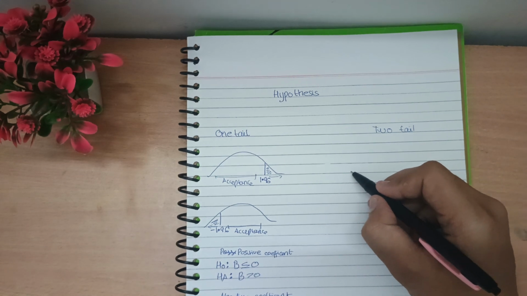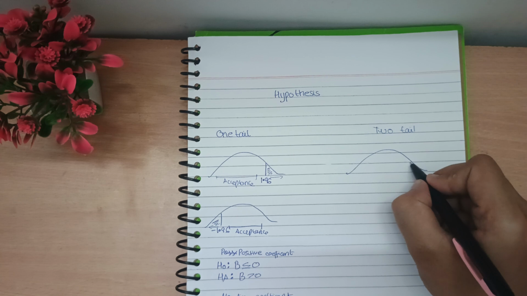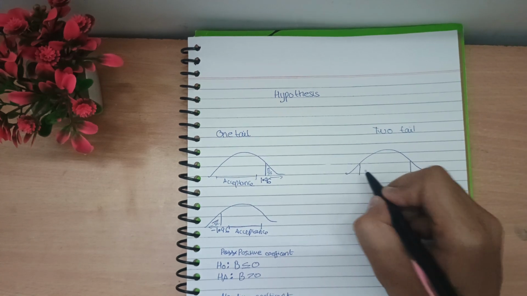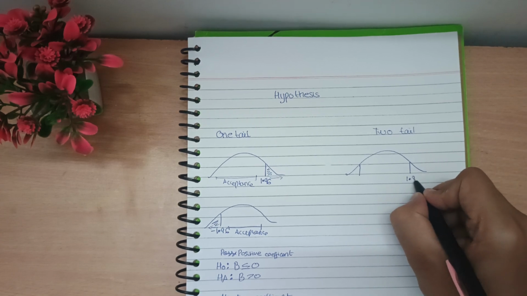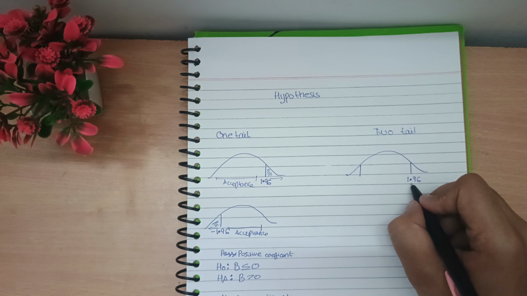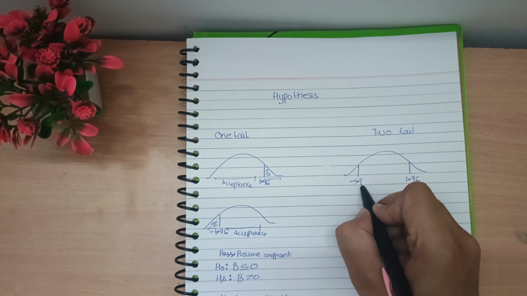So in two tail, as the name suggests, the critical value will be plotted on the two sides of the graph, on the left and the right. Suppose it is 1.96, so we have written positive 1.96 here and negative on this side.